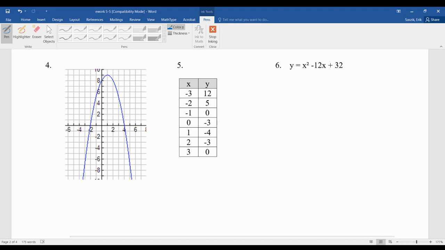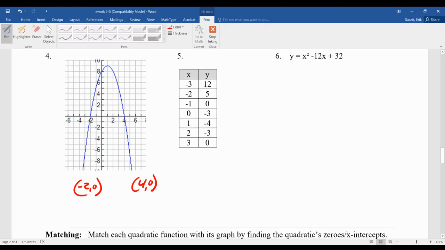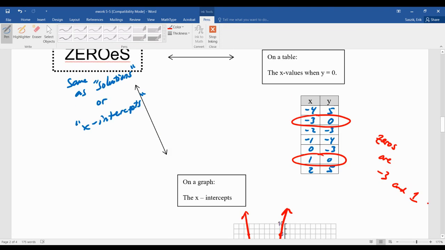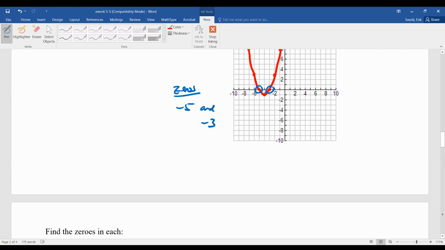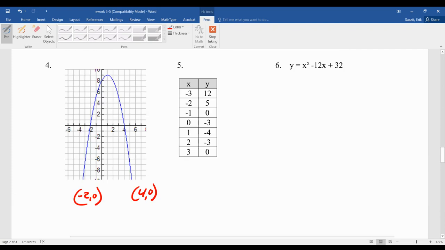Okay, we know that my zeros are there and there. So if I wrote it as coordinates, it would be -2, 0, and the other one would be -4 comma 0. Sorry, there should be a negative there. Again, a lot of times I don't write it as a coordinate. I'll just say the zeros are -2 and 4.